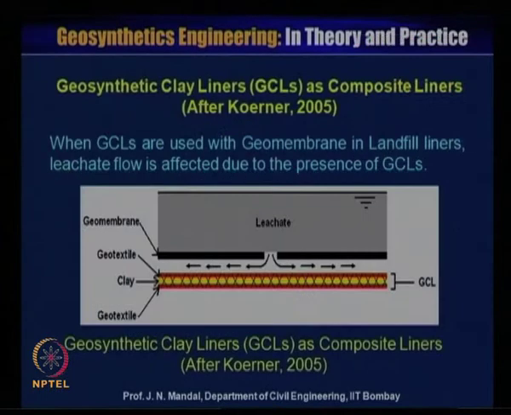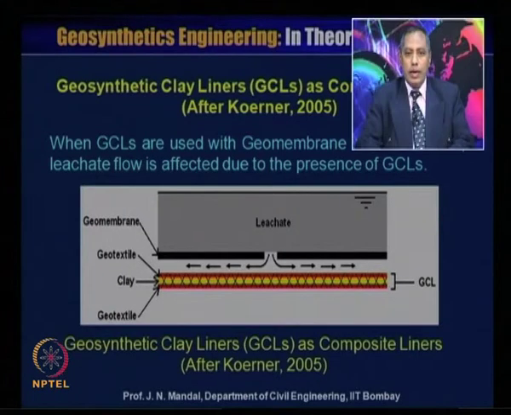Now, I will address the geosynthetic clay liner, GCL, as a composite liner after Cohen 2005. When the geosynthetic clay liner is used with the geomembrane in a landfill liner, leachate flow is affected due to the presence of the geosynthetic clay liner.